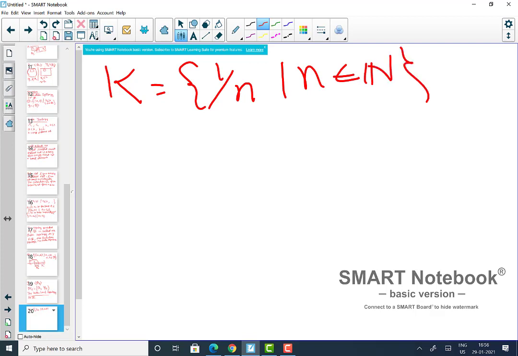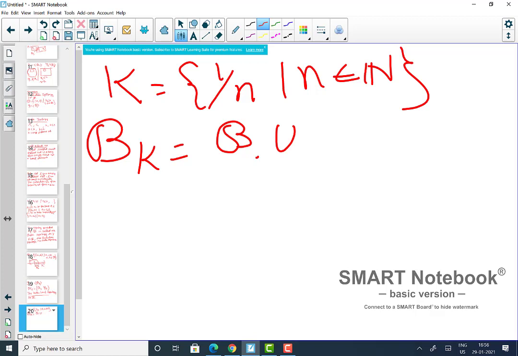So I am taking all reciprocals of the natural numbers, and I am defining my BK, which is the original B, the open sets, together with sets of the form below.